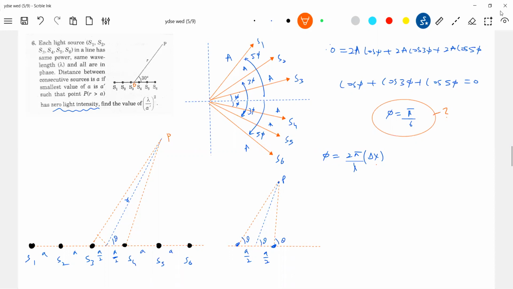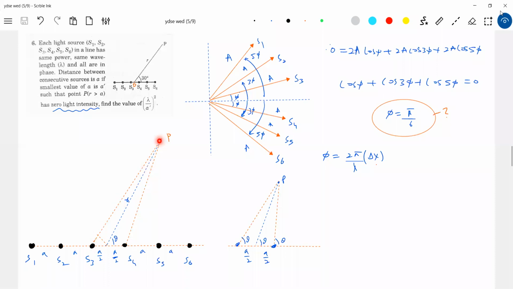It is the net phase difference of all the waves reaching point P. Say, like here, this will have a phase angle when it reaches here. Agree? What is this phi? Phi is the phase angle of the waves difference. So this will have phi.